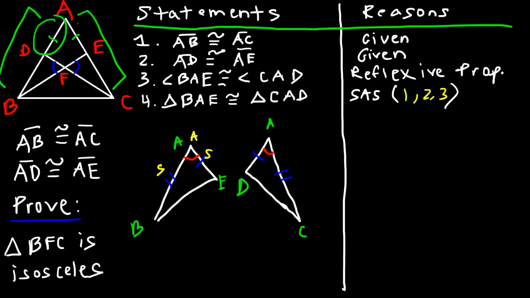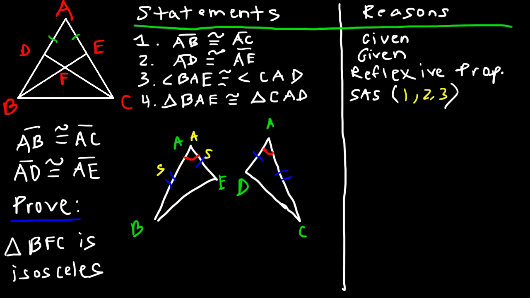And if AD is congruent to AE, then we could prove that BD and EC are congruent. Now, since we know that this triangle is congruent to that triangle, what we can say is that this angle is congruent to that angle. And so we can prove that this triangle is congruent to the other one based on the angle-side theorem. So let's go ahead and write out the information.